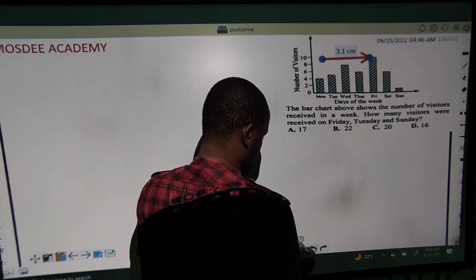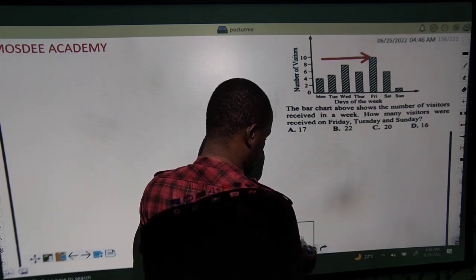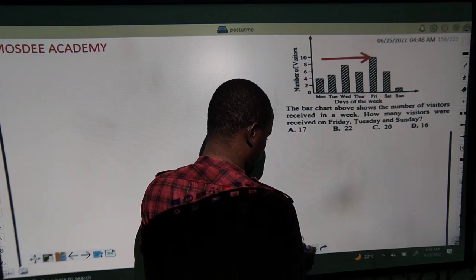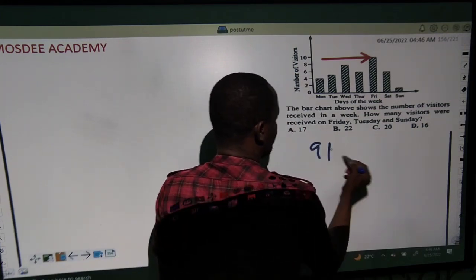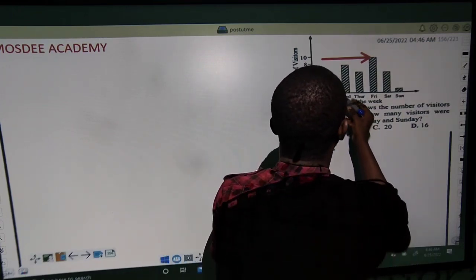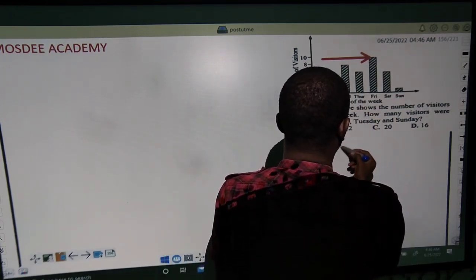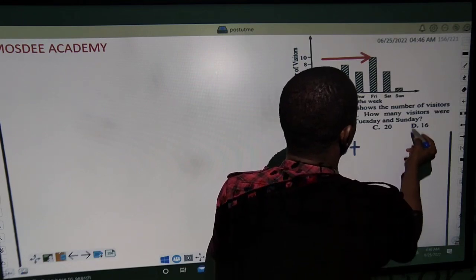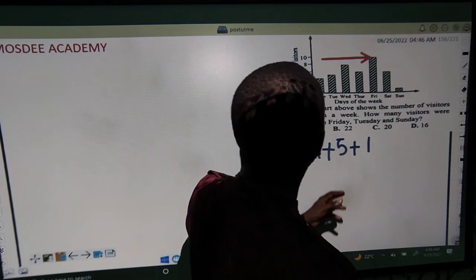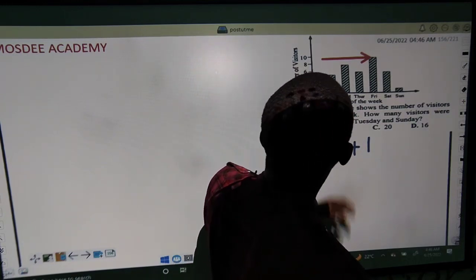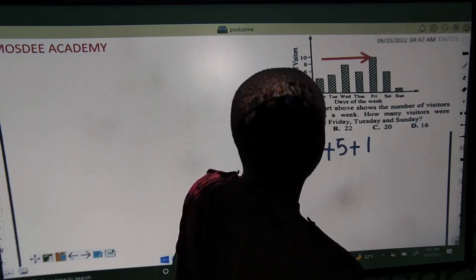Right, let me just use my intuition. 9 plus Tuesday. Tuesday is this one. I think it is 5. Plus Sunday is 1. If I'm not mistaken, let me put that again. Friday, I think it's 10.